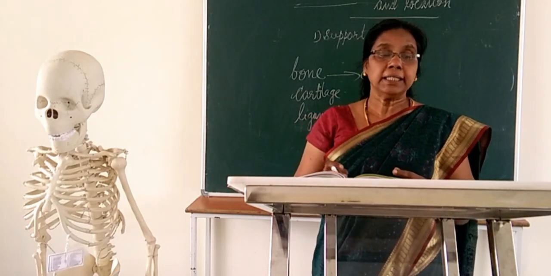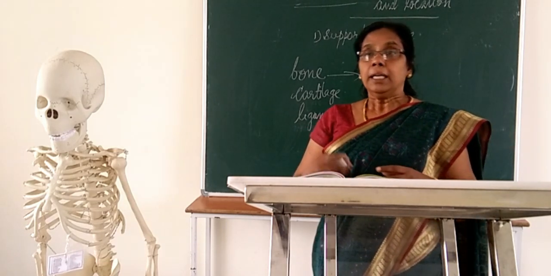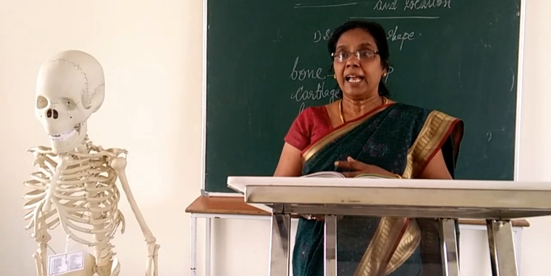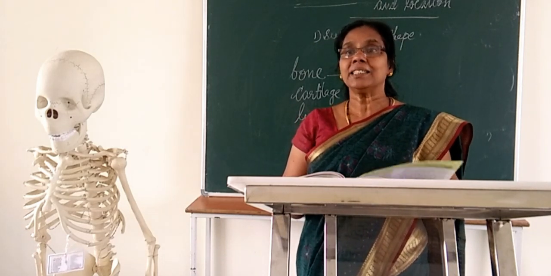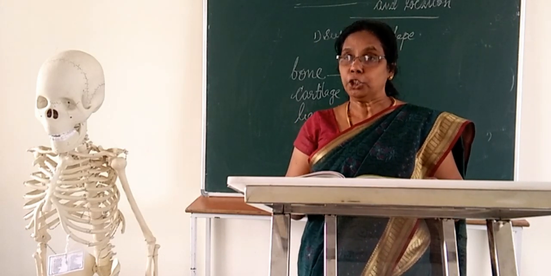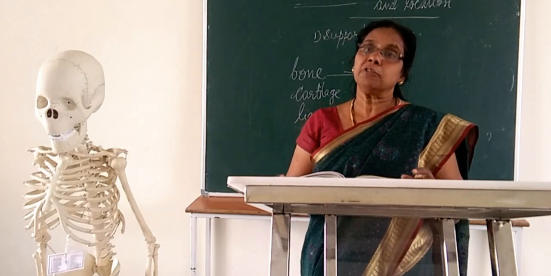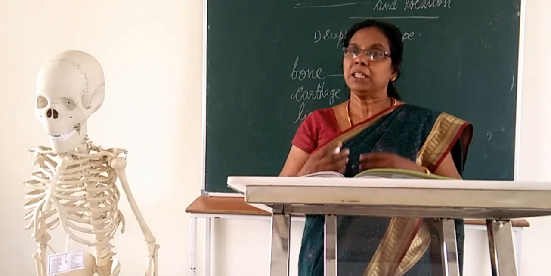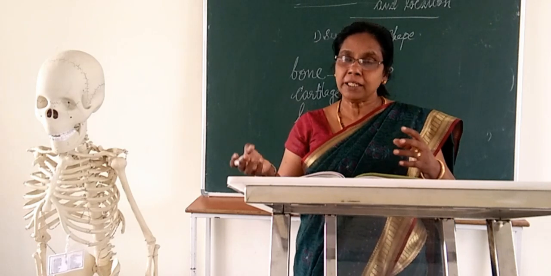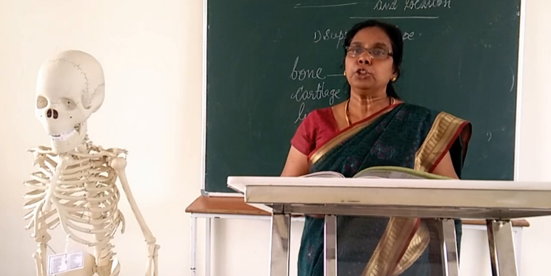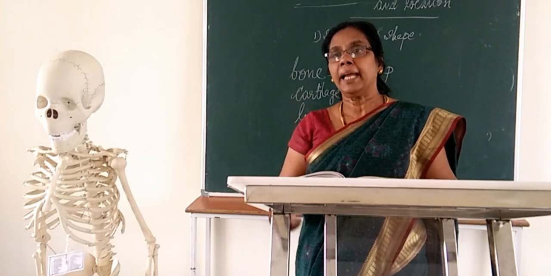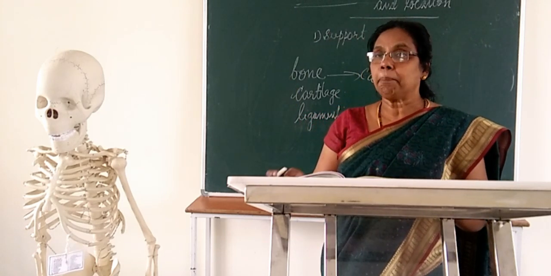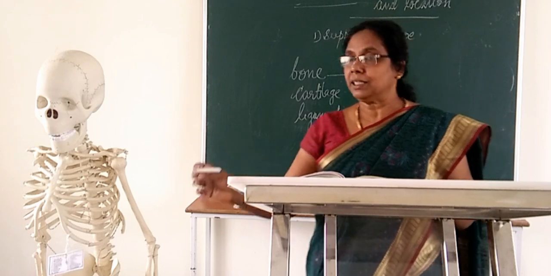You can see that aged people, if they have a fracture in their hand or leg, it will take some time. Not like you, you are children, within 2 or 3 months, if any bone fracture happens, the bone will grow and join together, because in your body the organic as well as inorganic part is plentiful in the bone.